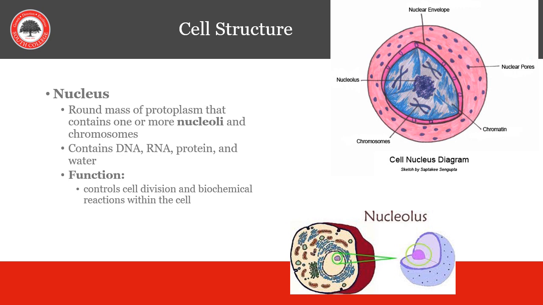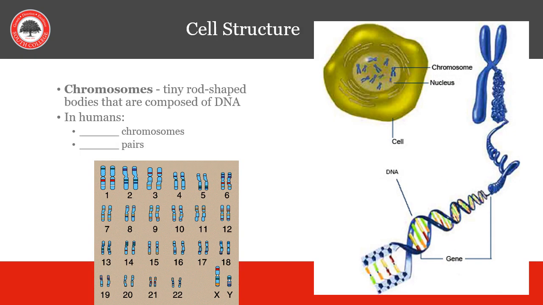The function of the nucleus is that it's going to control cell division and biochemical reactions within the cell, and specifically DNA is in charge of protein synthesis and cell division, so it's highly important. Within the nucleus, we have chromosomes, and these are tiny rod-shaped bodies that are composed of DNA.